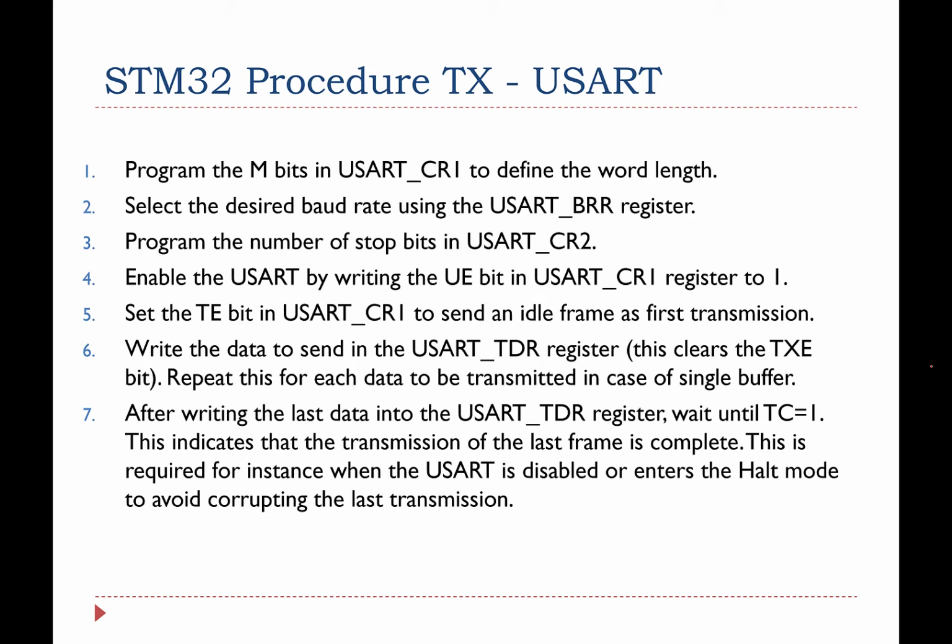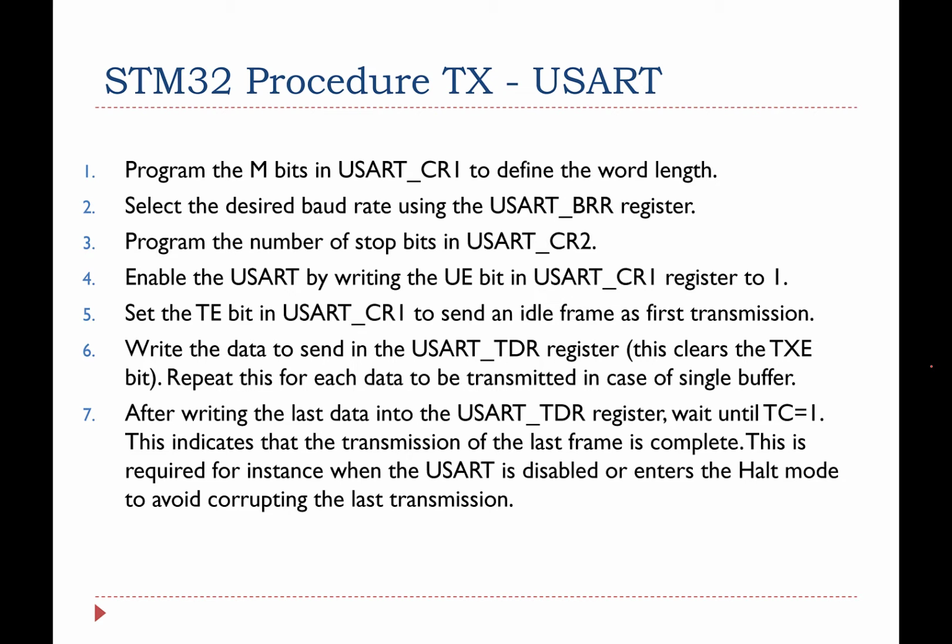We'll end up talking about a slide that shows basically for a 72 megahertz clock what those values for BRR need to be to get certain baud rates. Then we have to program the number of stop bits. That's in the CR2 register of the UART.